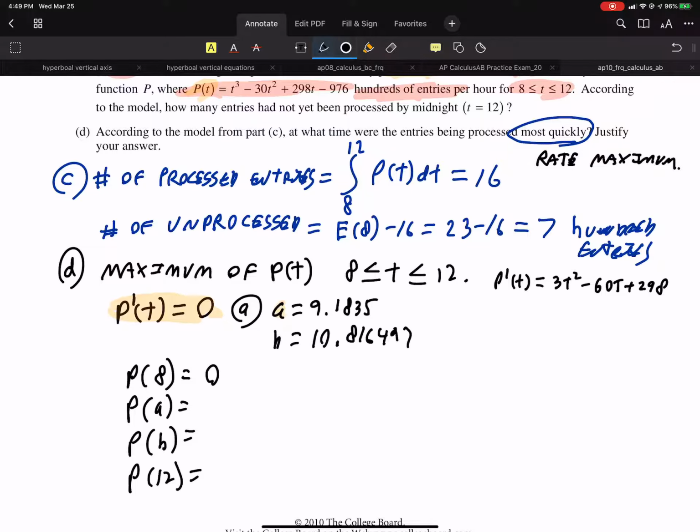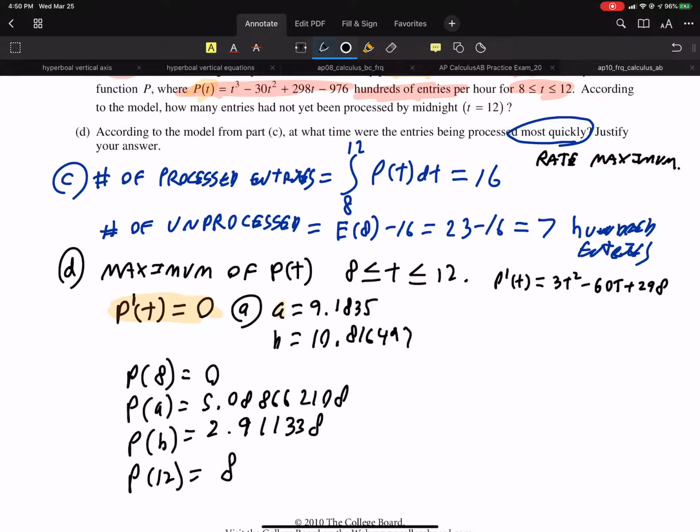Now I'm going to do the same thing, y1 of A, and that gives me 5.0886621108. And then y1 of B, and that's 2.1911338. And then at 12, and that gives me 8.